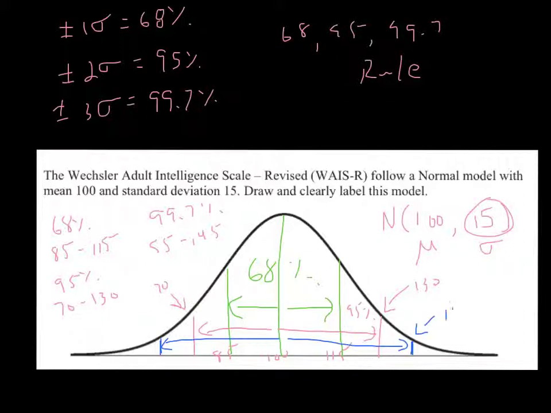So this is 145, and when I subtract that from 100, I go down to 55. So now we can say, well, 95% of the adult population has an IQ score somewhere between 70 and 130, and 99.7% has an IQ score of somewhere between 55 and 145.